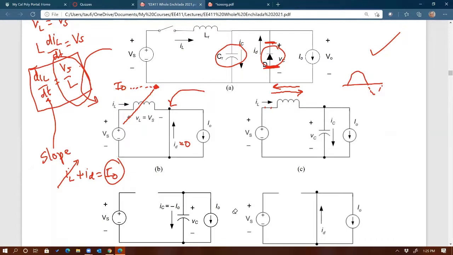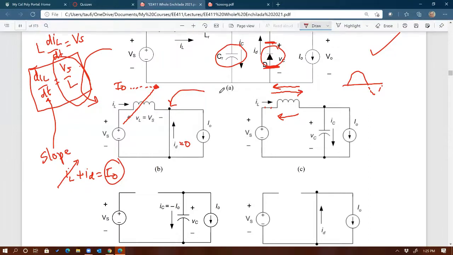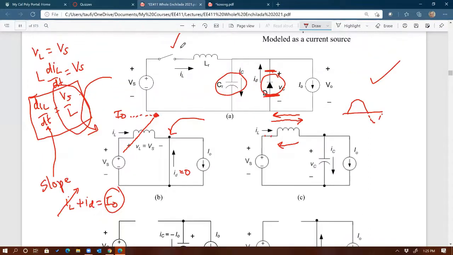But can it go negative or no? Can the inductor current go the opposite way, from right to left? No, because we're assuming it's unidirectional. Exactly, very good. You've been paying attention. What I said earlier is that this topology can only work if the switch right there is unidirectional.